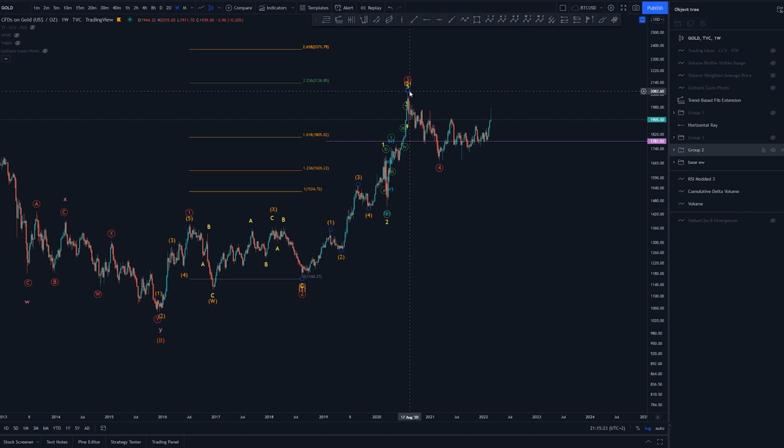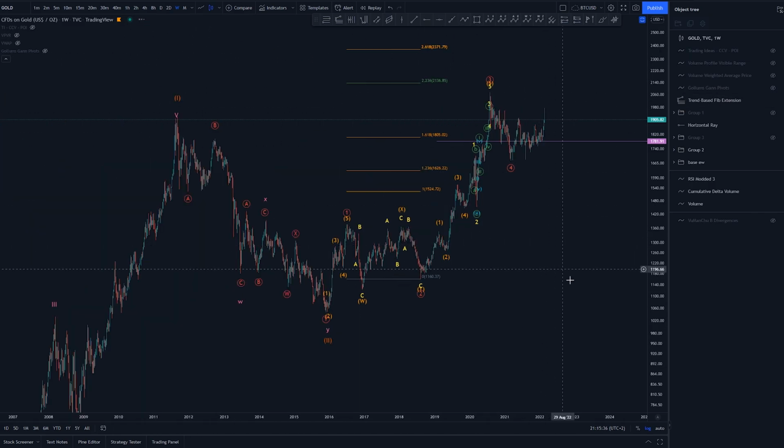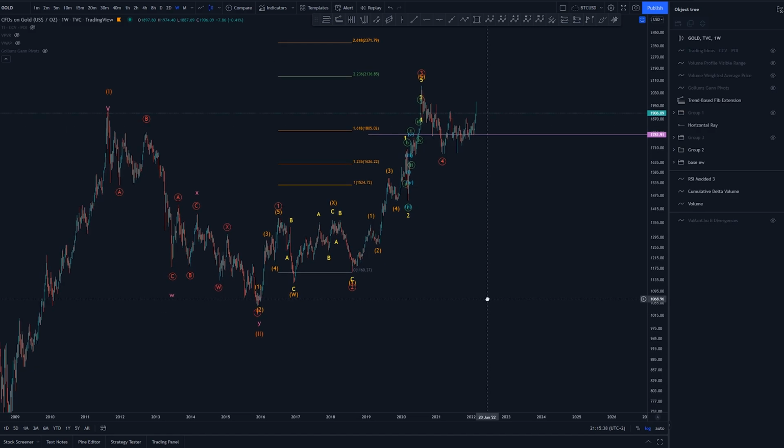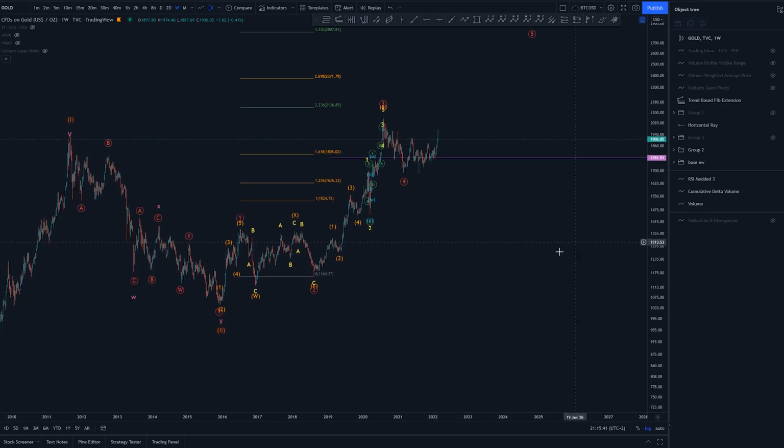So we extend around 2, give or take, but the main thing is it's above 1.618. So whatever this move here is, it looks to be on the same degree.